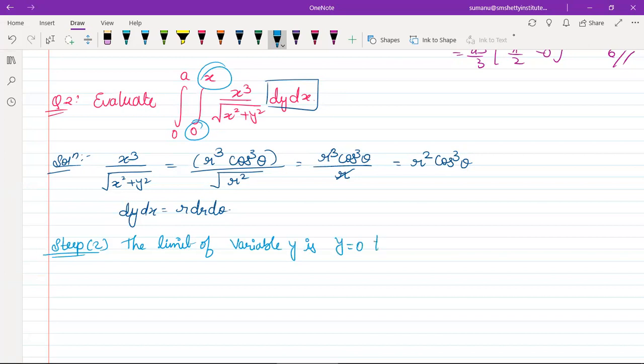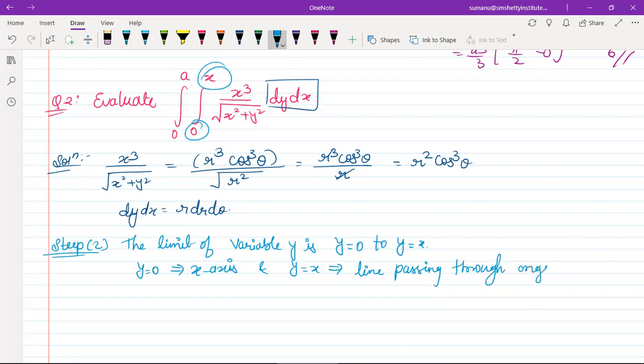So y equals 0 to y is equal to x. So what will be the diagram of y is equal to 0? It is x-axis, right? And y is equal to x will be a line passing through origin. Is this correct?